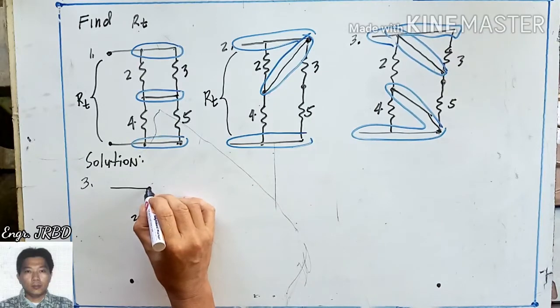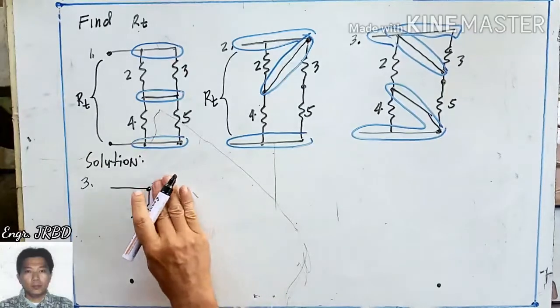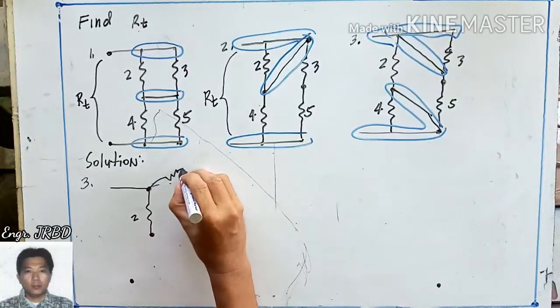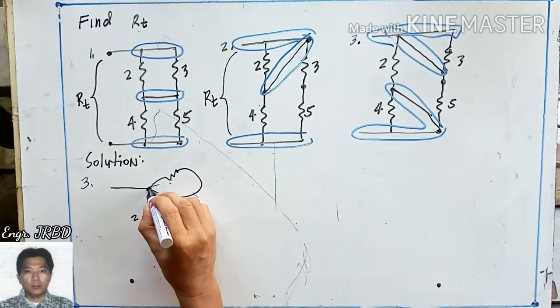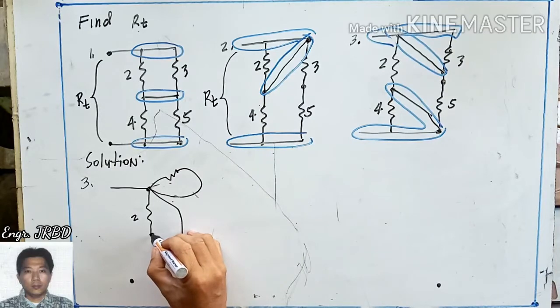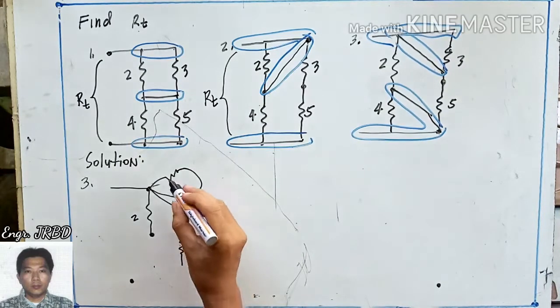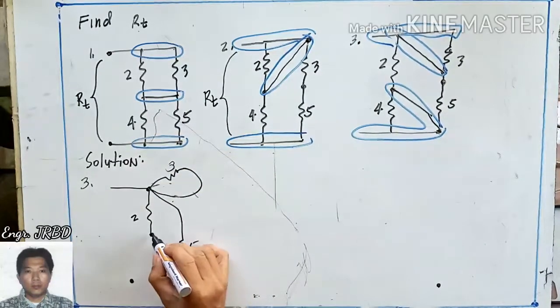This is the terminal of 3 that will be shorted out. This is your 5, 2, 4. This is your 3, 2, 5, 4.